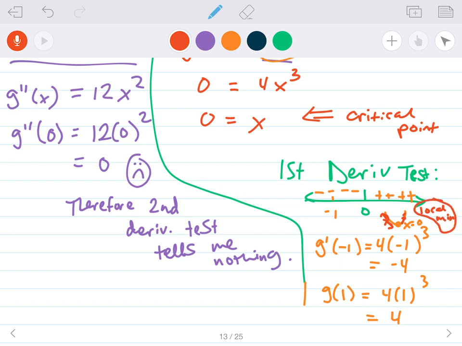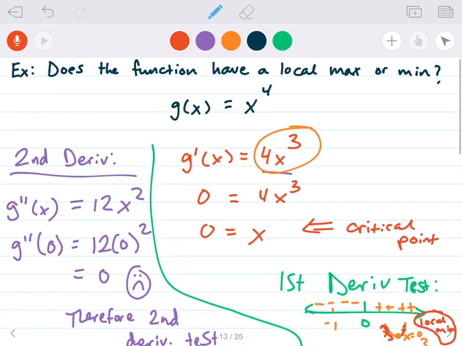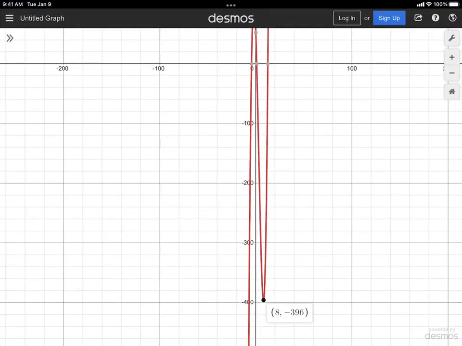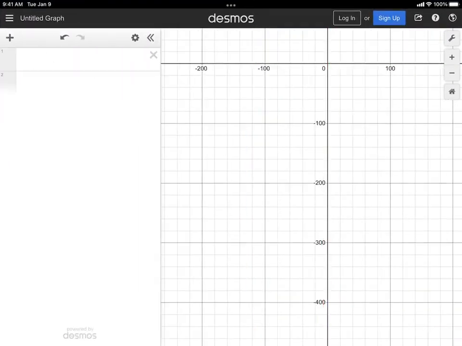Let's confirm that this is the case by actually plugging in the function into Desmos, the original function. The original function is x to the 4th. Let's do it. X to the 4th.